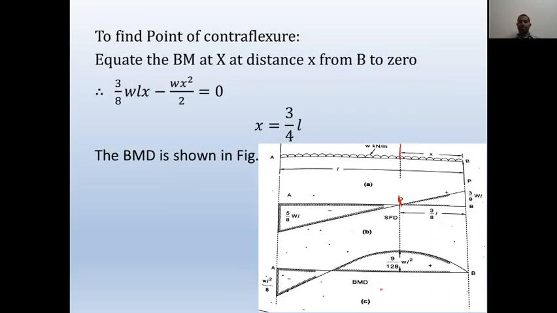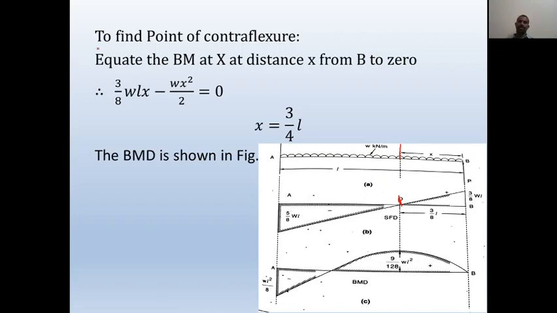We have the maximum bending moment and we have the bending moment at A and B. Then you can simply draw the bending moment distribution diagram. But remember here, as there is a UDL, in the shear force diagram we have a linear variation, and therefore in the bending moment diagram we have a parabolic variation.